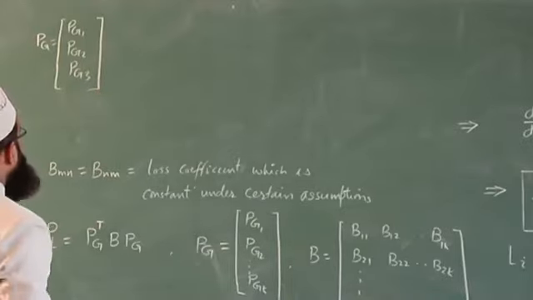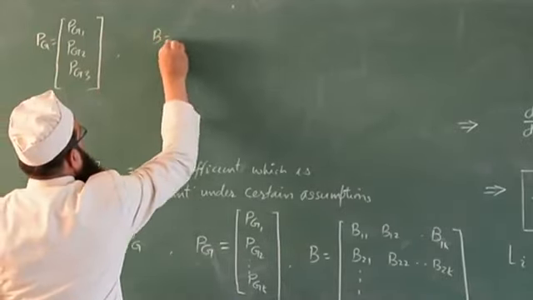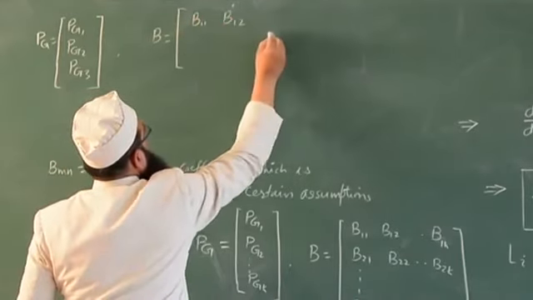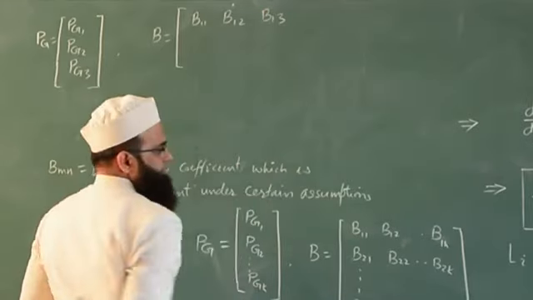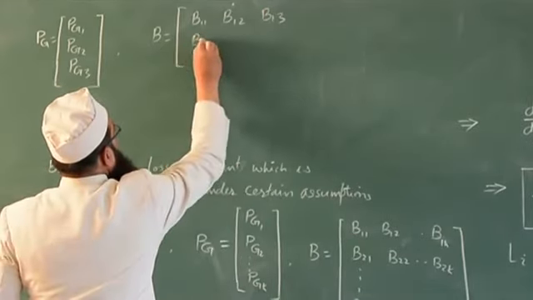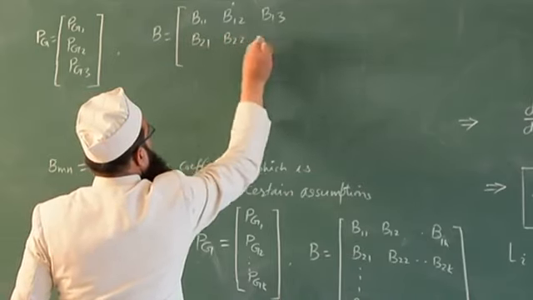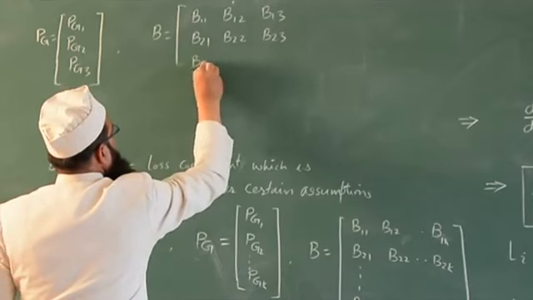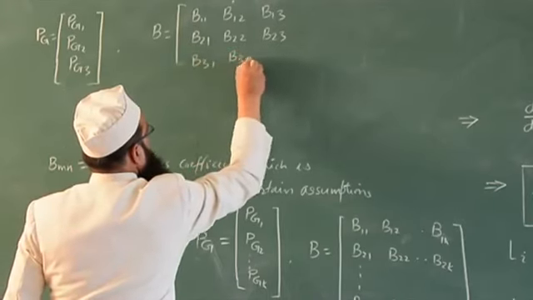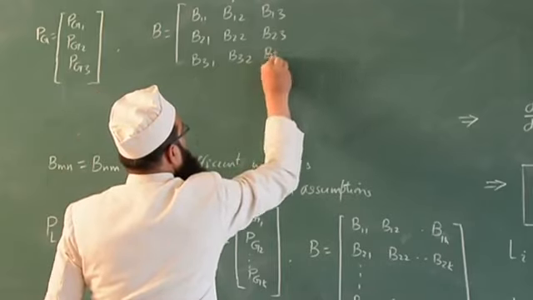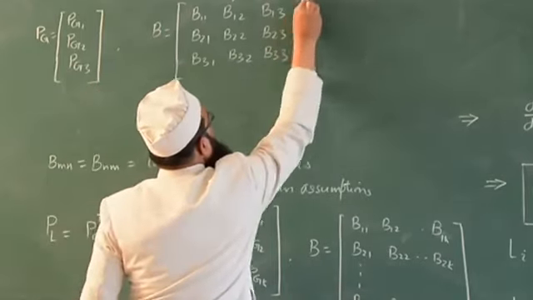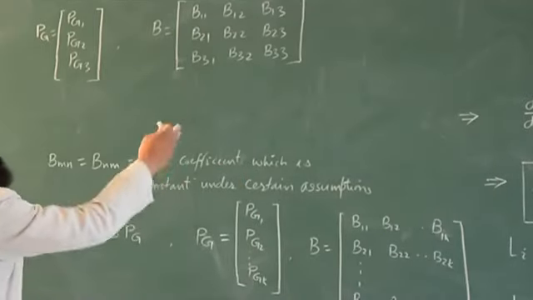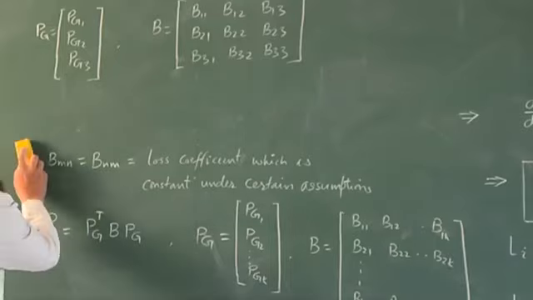And B will be B11, B12, B13, B21, B22, B23, B31, B32, B33. So there are a total of 9 coefficients, a 3 by 3 matrix. Now write PL.